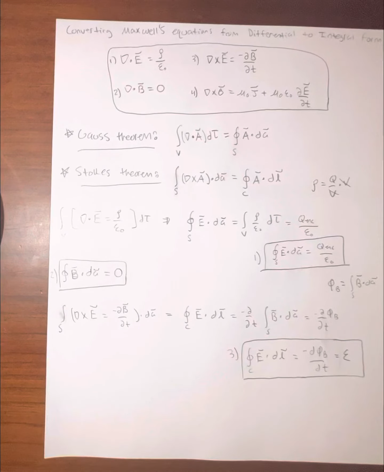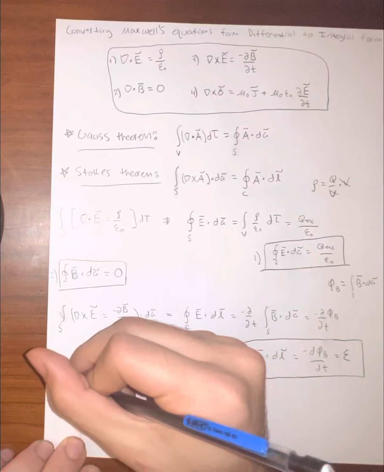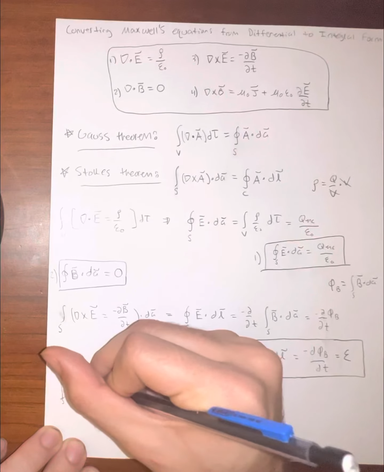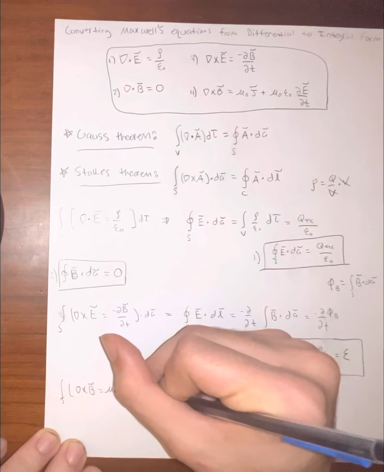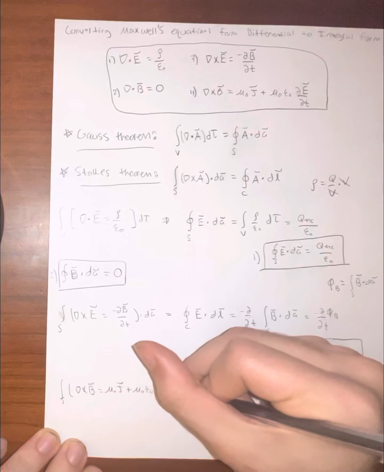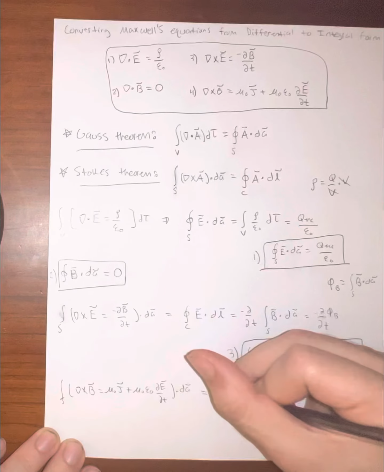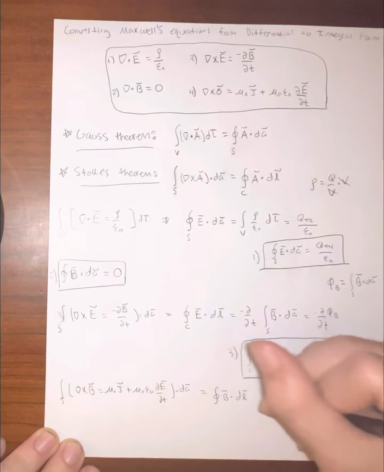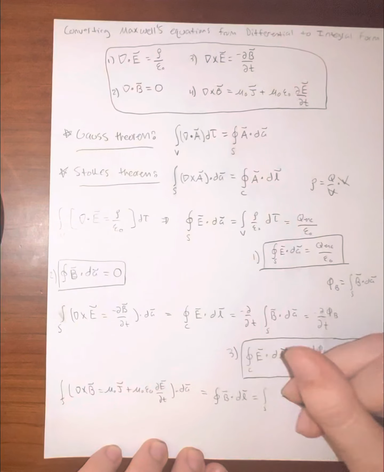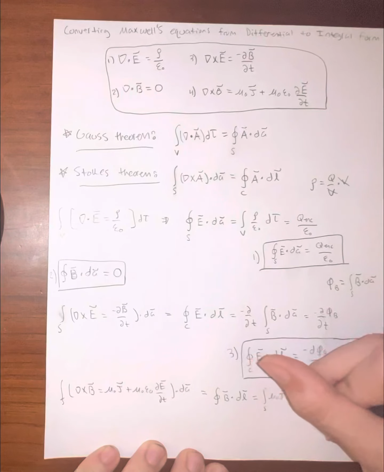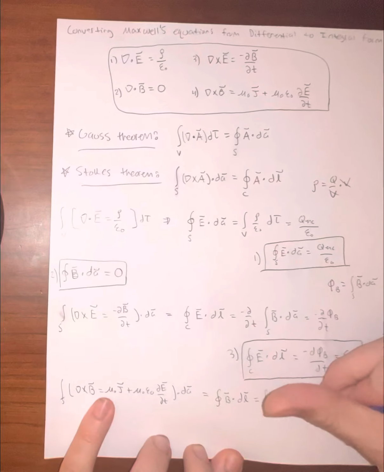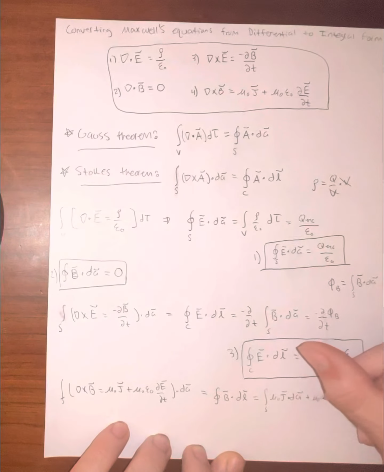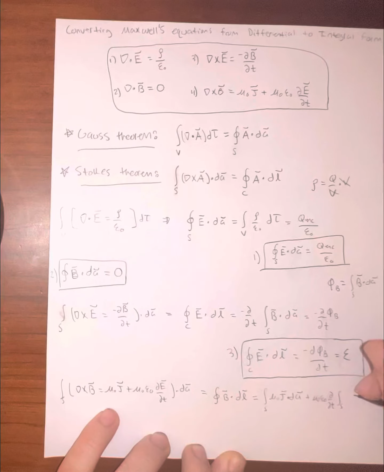And lastly, for the Ampere-Maxwell law, if we take the open surface integral of the Ampere-Maxwell law, then we get a line integral in B. We get integral over S of mu naught J dot dA plus mu naught epsilon naught d/dt integral over S of E dot dA.